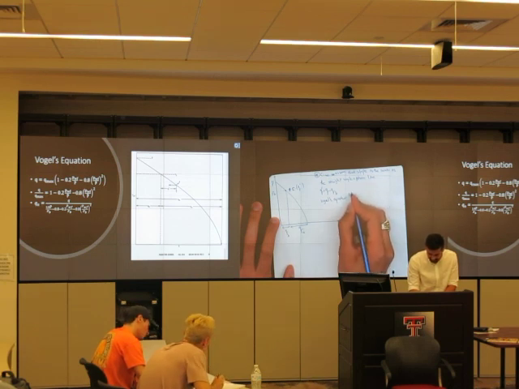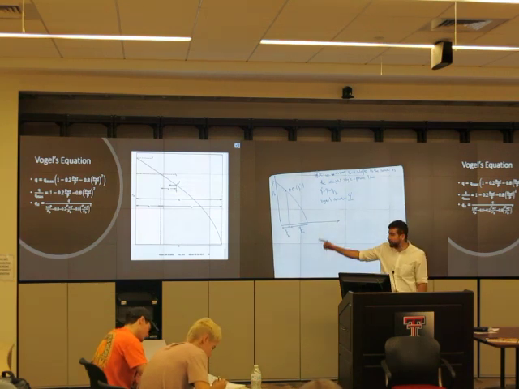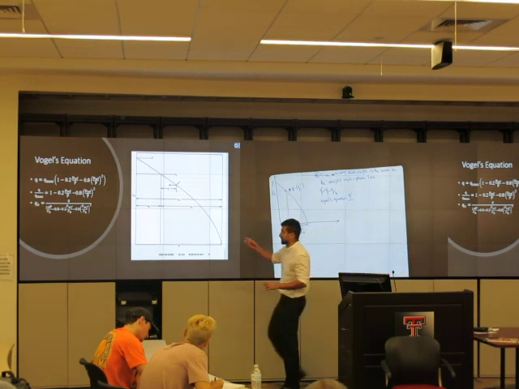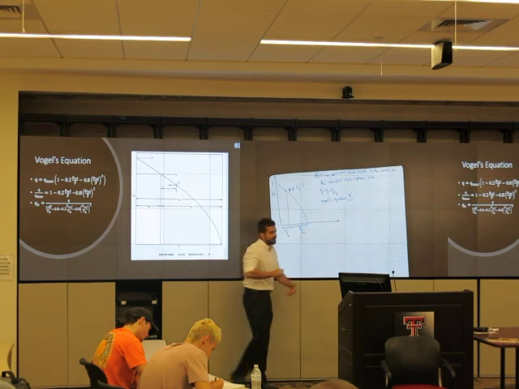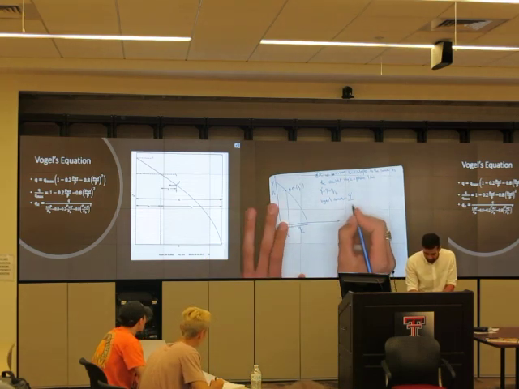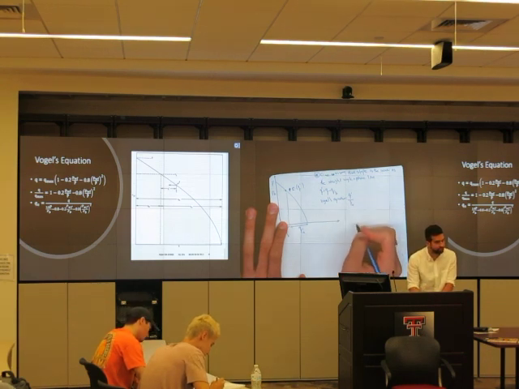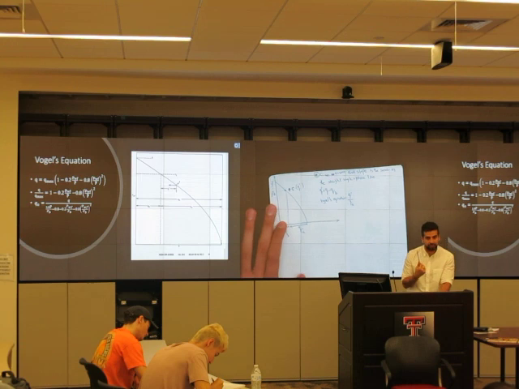So you have Q prime. Remember when I told you to use Vogel's equation, then you're in the two-phase zone. But like I told you, it's slightly after the bubble point pressure. That's why you can write Vogel's equation: Q prime over QA. So your Q max is your QA right now.